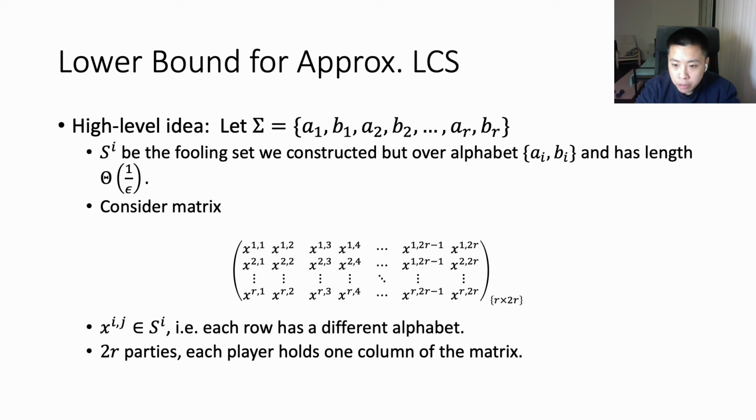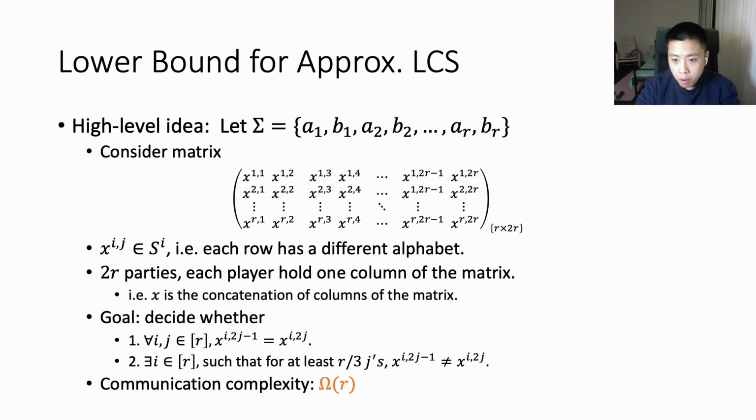We consider a matrix of this form, where each element Xij is a string from set Si. That is, each row of this matrix has a different alphabet. We consider a 2R-party communication setting, where each player holds one column of the matrix. In the LCS problem, the online string X is simply the concatenation of the columns of the matrix.